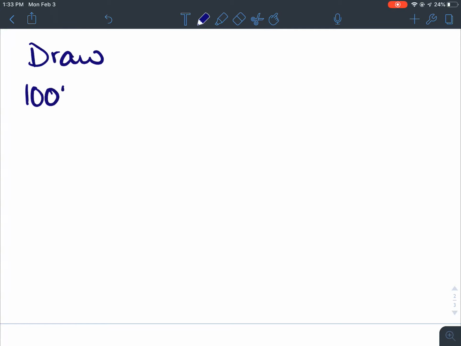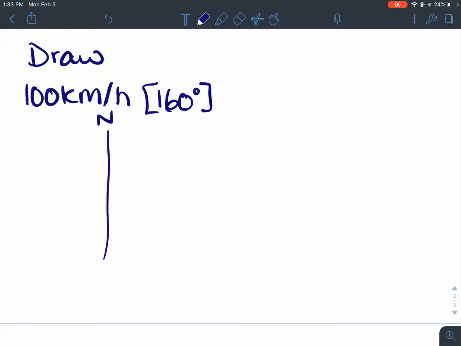Someone's traveling 100 kilometers per hour at a bearing of 160 degrees. So you know, oh, bearings are always given from north. That'd be 90, that'd be 180, so it's like 20 less than 180. So you know that would be 160, this would be 20, this would be 100 kilometers per hour. Cool, so you can draw that vector. Good job.